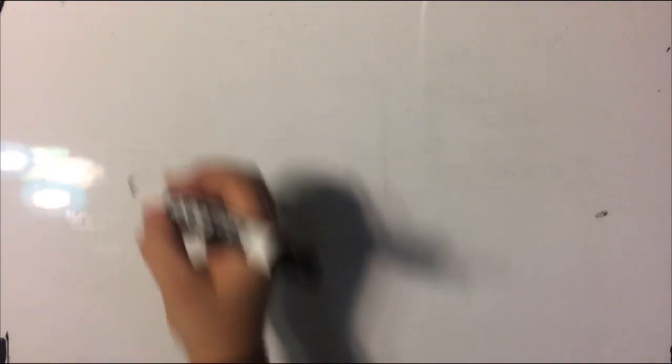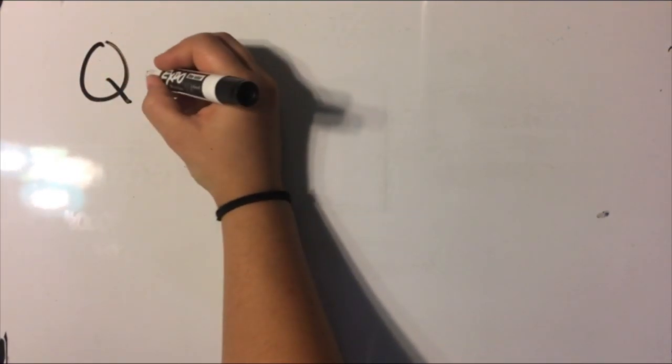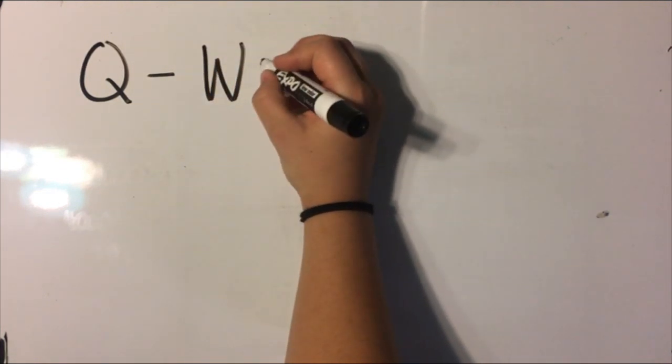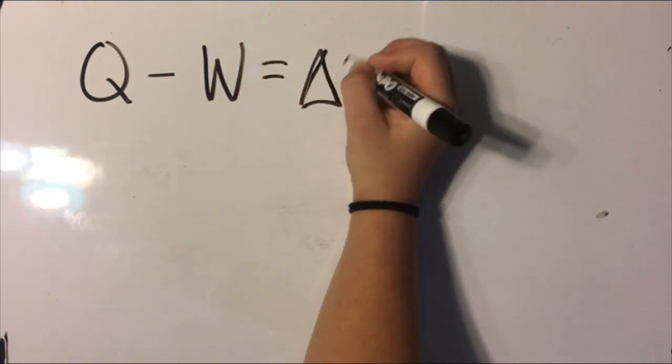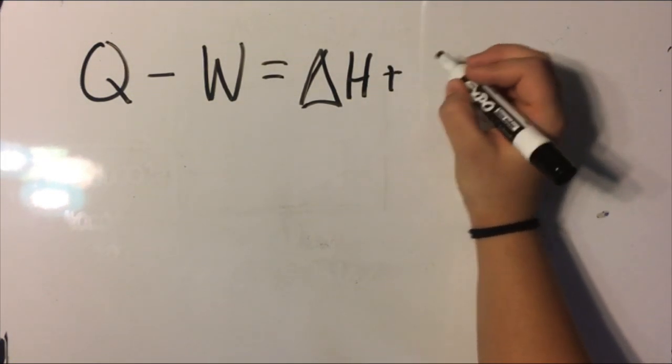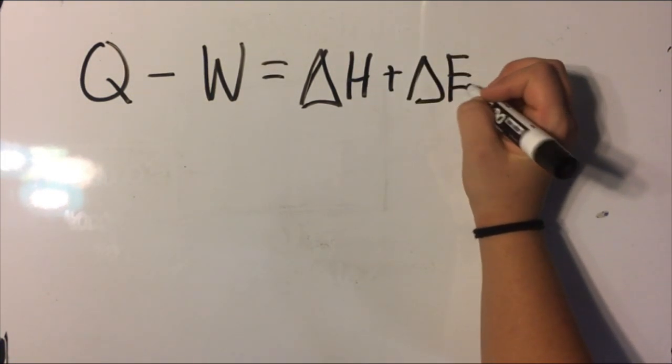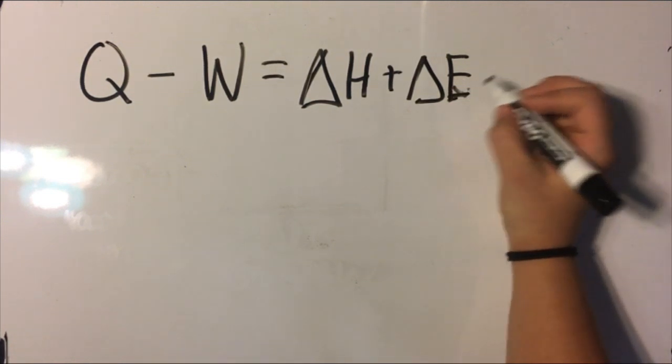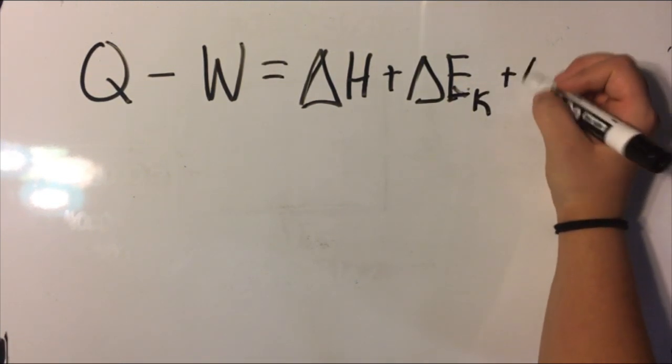To begin pretty much any chemical engineering problem, you start with the energy balance equation, which is your heat minus your work equals your change in enthalpy plus your change in kinetic energy plus your change in potential energy.